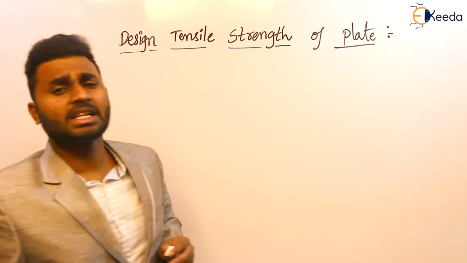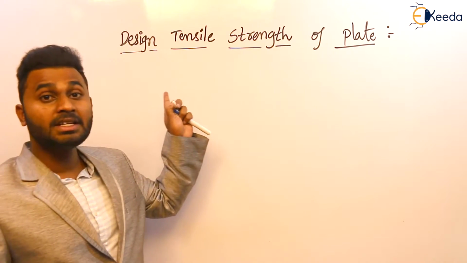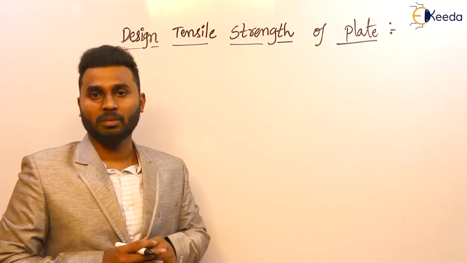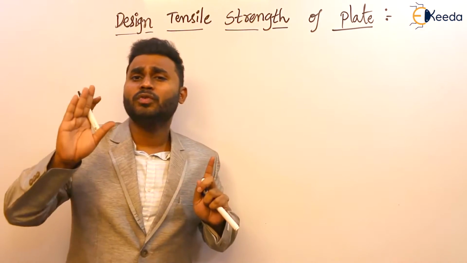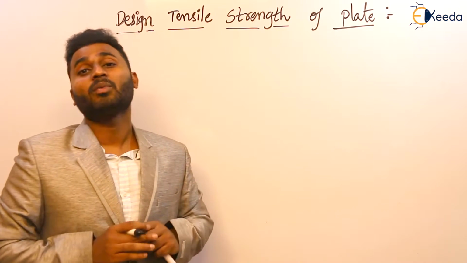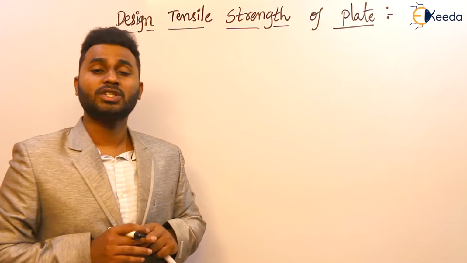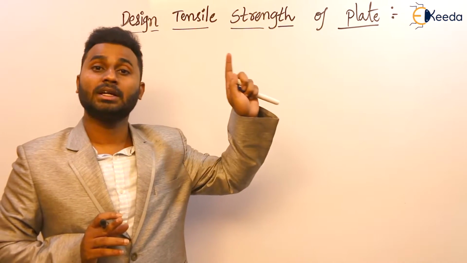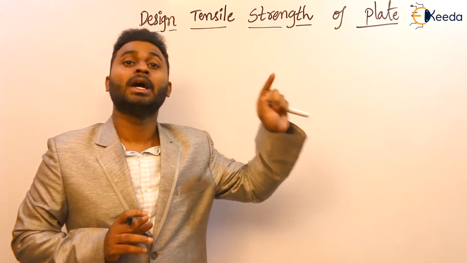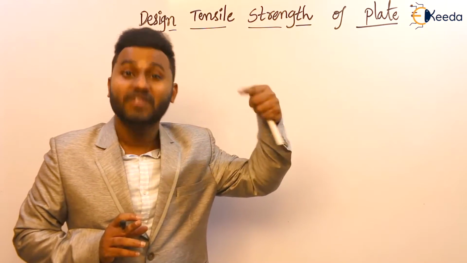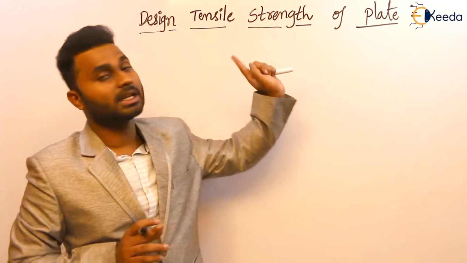Regarding the design tensile strength of plate, I will explain in detail in design of tension members. As of now, simply remember whenever we are supposed to find out the strength of a bolted connection, we first find out the design shear strength of bolt, design bearing strength of bolt and plate, design tensile strength of bolt if it exists, and design tensile strength of plate.